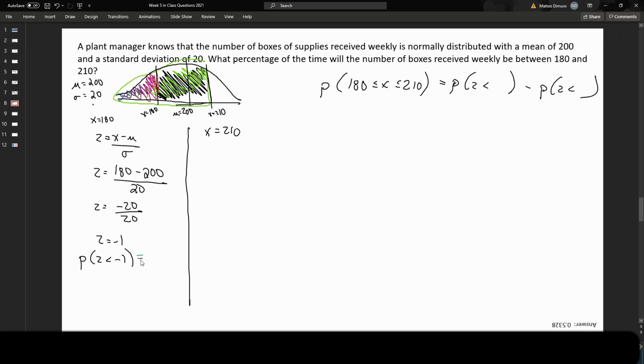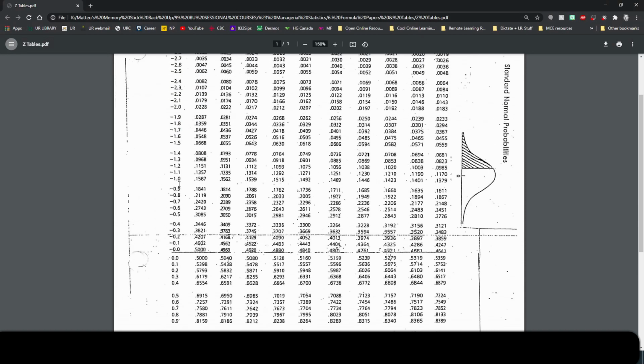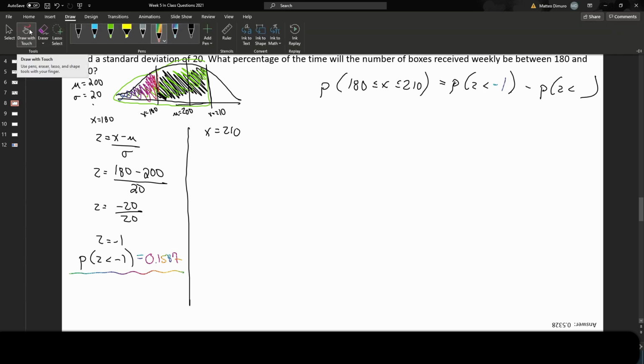Let's bring up the z table. Z equals negative 1.0, so 0.1587 right there. Let's pop in the negative 1 here. Actually, my bad, because this is likely going to be the smaller number.